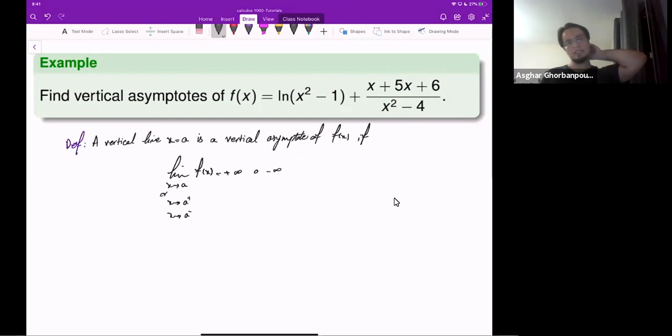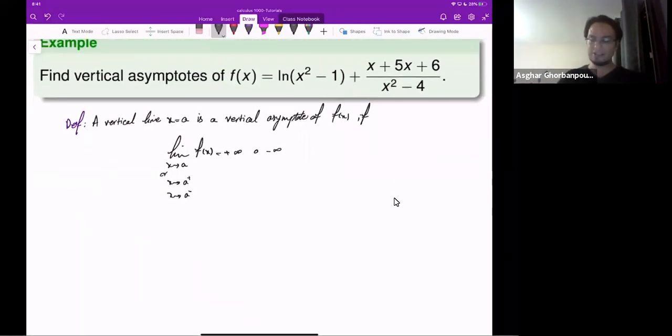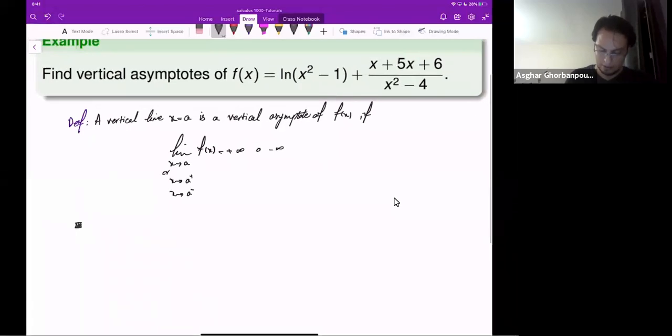The important thing here is how to find that a. So if you have a rational function, the denominator is the key. To find a, we use candidates.